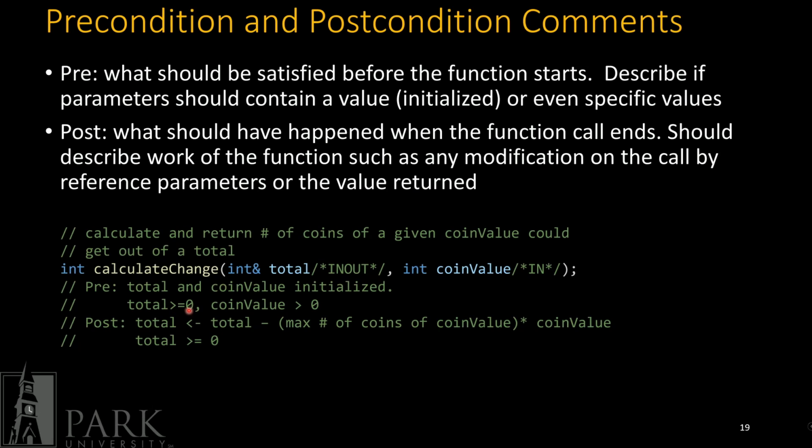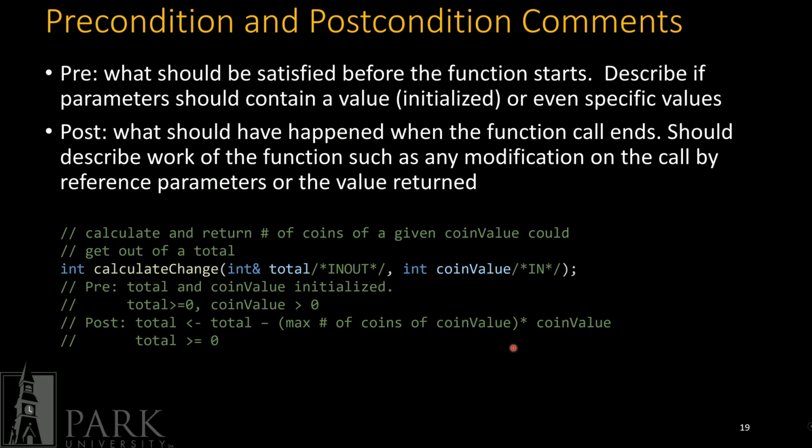Its postcondition would be that total will be updated to the total after taking out as many possible coins of the given coin value and still hold a non-negative value by the end of the function. You can see that in our postcondition. Total is going to be equal to total minus the max number of coins times the coin value, and total will be greater than or equal to 0 when we're done.